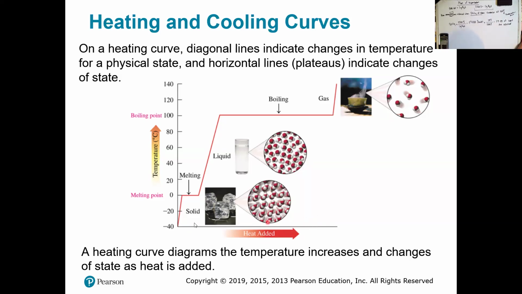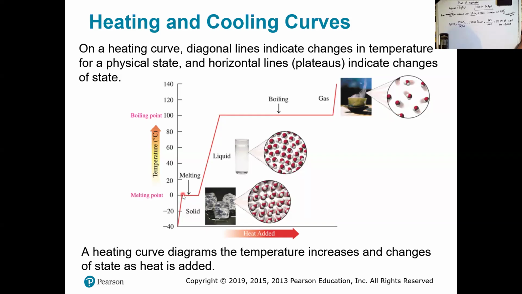Okay. So as we give the water, the H2O, more and more heat, we're going to be increasing its temperature. Right. And so slowly the temperature of the solid H2O approaches 0 degrees Celsius. At 0 degrees Celsius, this is the melting point of ice.